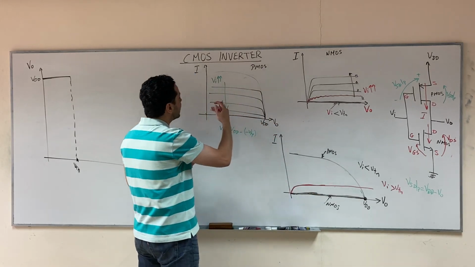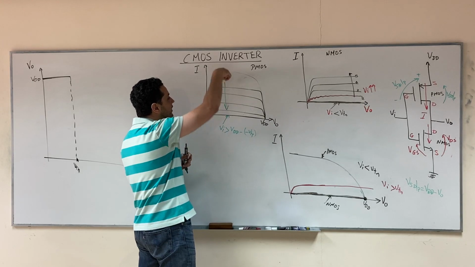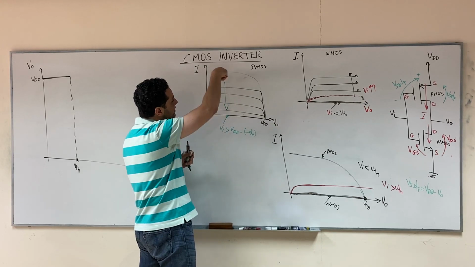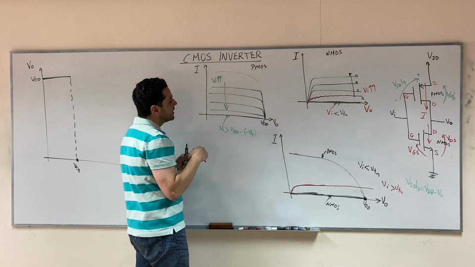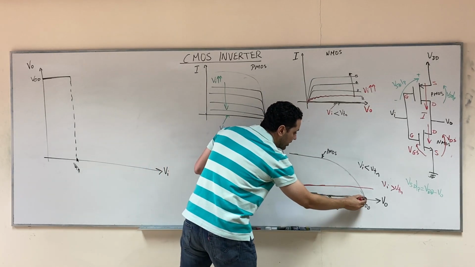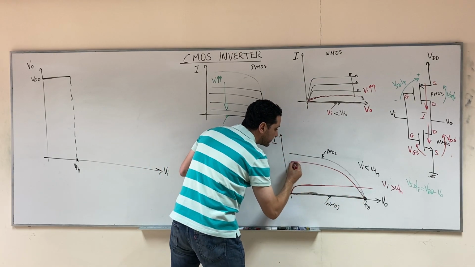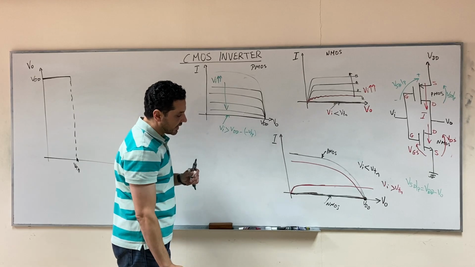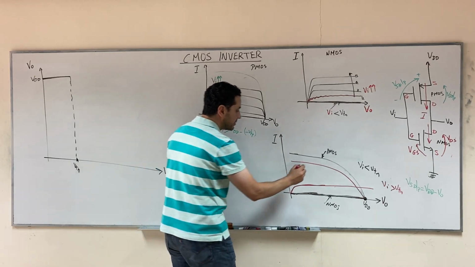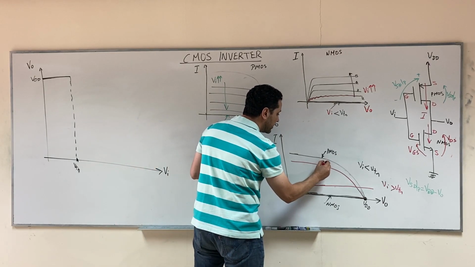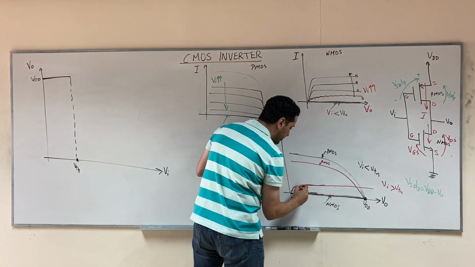While the PMOS, as we increase V input, we go down, right? So the PMOS is going to operate on a lower curve. So this is the NMOS.